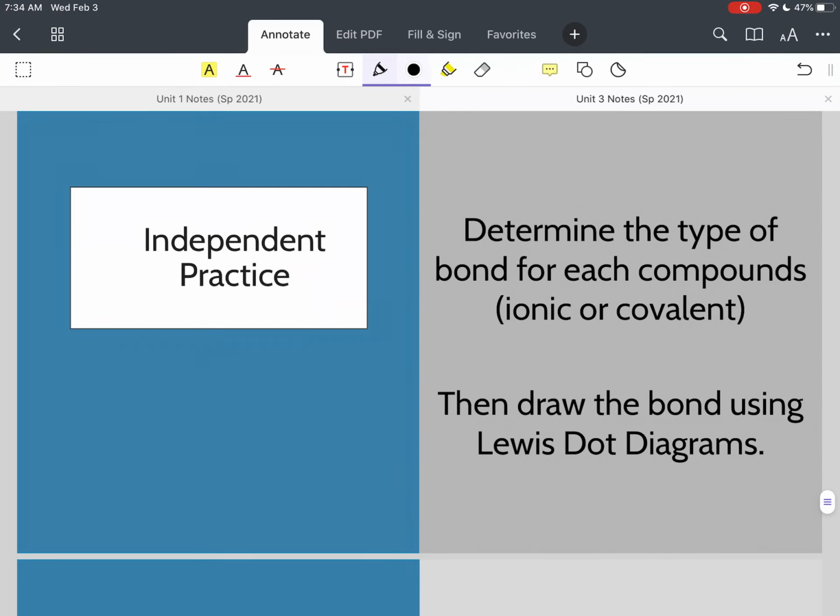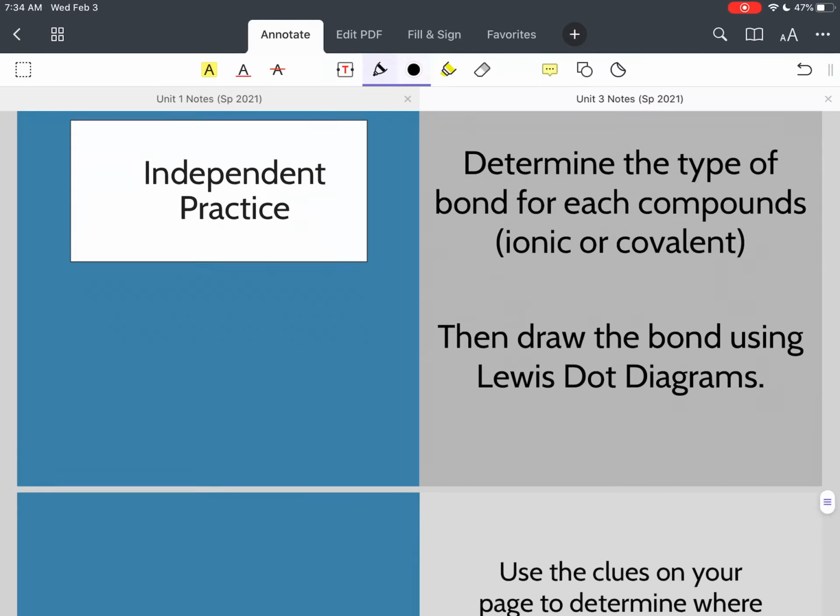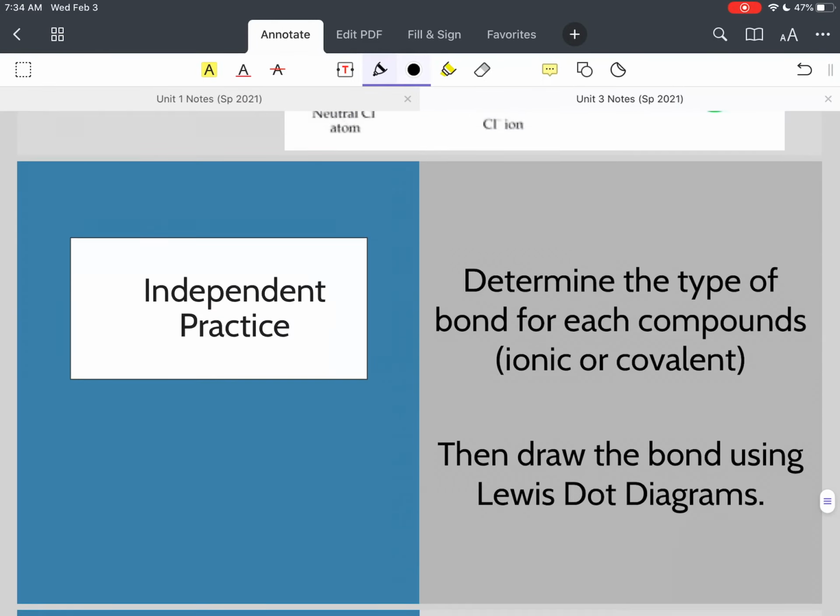You have some independent practice on the bottom of your page. This is going to be your exit slip. Okay, so once you get done doing this, instead of a Google form, I'm sorry, I changed my mind.